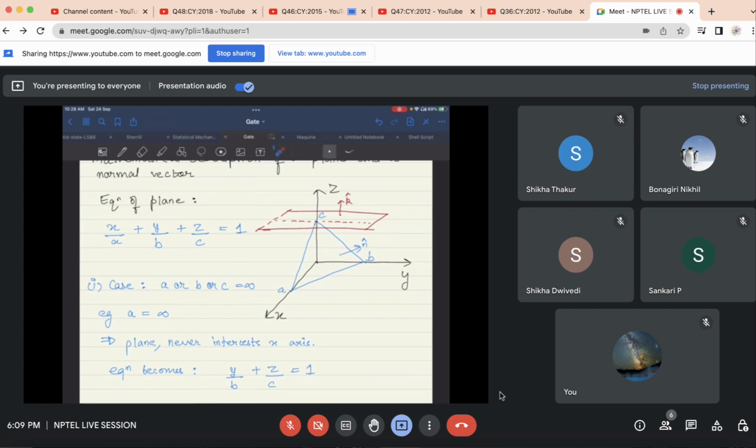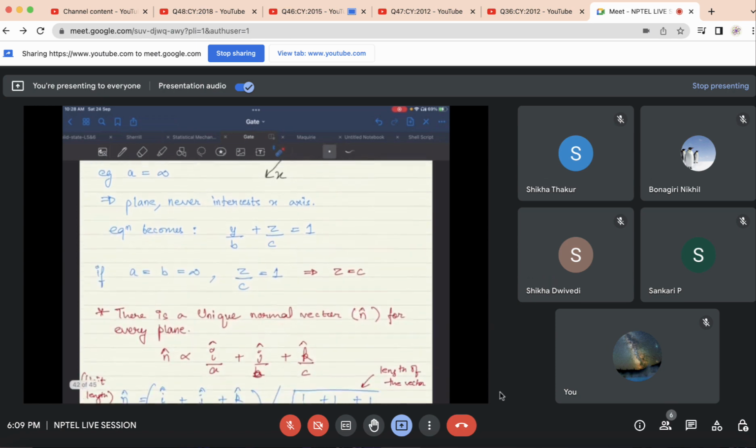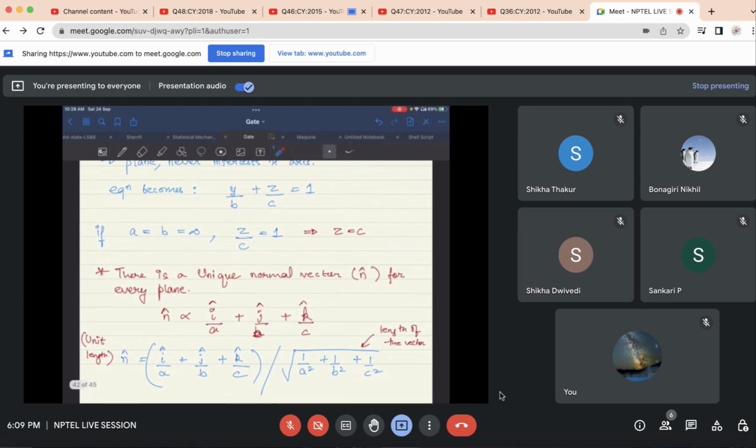And for the plane in red, we have a vector in the k direction, because the equation of the normal vector is that the n vector is proportional to i unit vector upon A plus j unit vector upon B plus k unit vector upon C. So this is the equation of the normal for each plane.